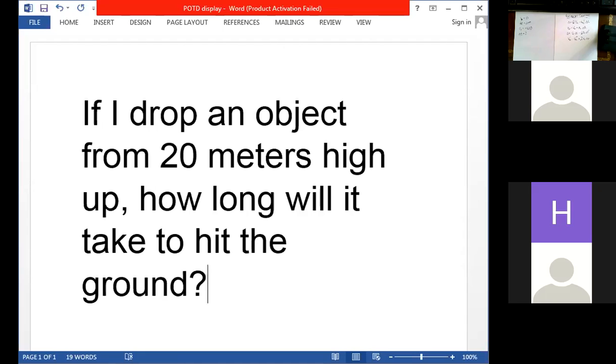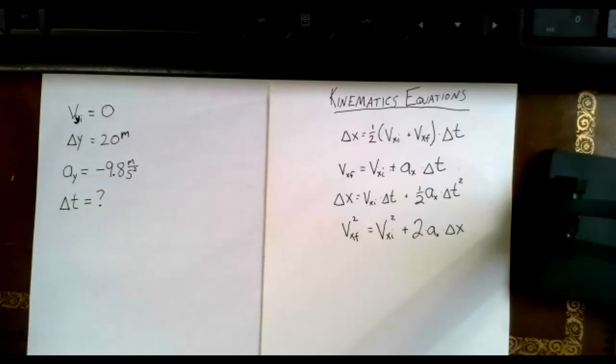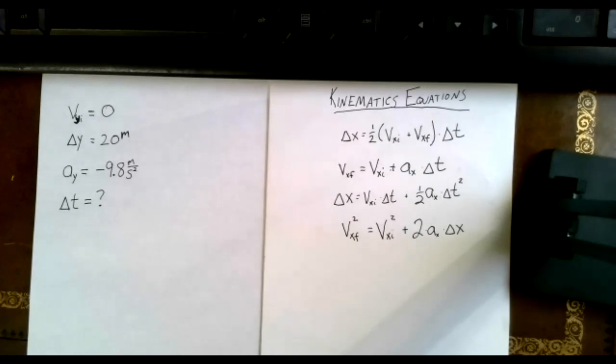Okay, good. So we have our 3 givens. We have our unknown. We've got initial velocity, we've got delta y, we've got ay, and we're looking for delta t. So if I look at the kinematics big 4 equations, which one of those would I want to pick in order to solve this?